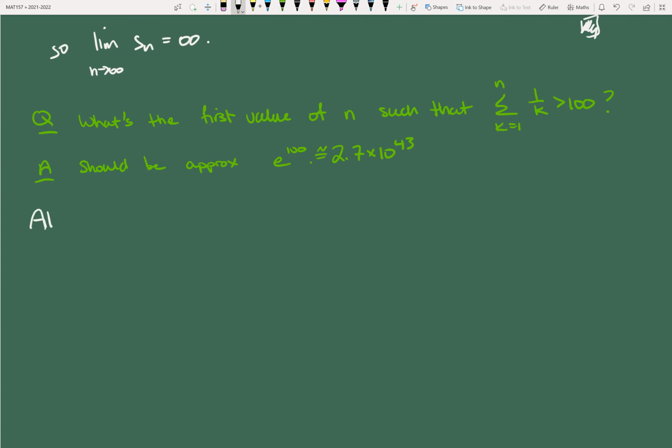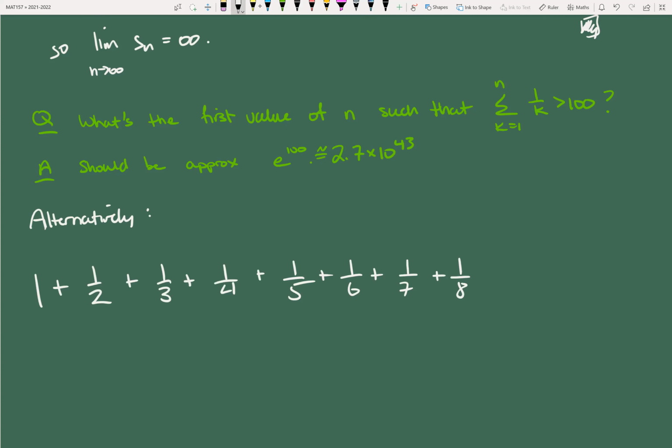So alternatively, we've got 1 plus 1/2 plus 1/3 plus, I need to write out a bunch of terms so you can see what's happening, plus dot, dot, dot. Okay, so here's what you do. You say, I'm going to group them like this.